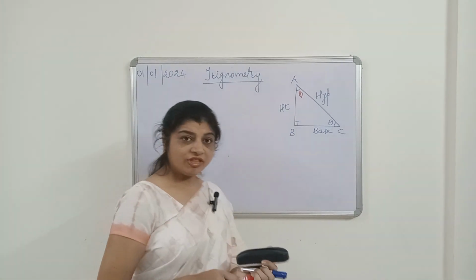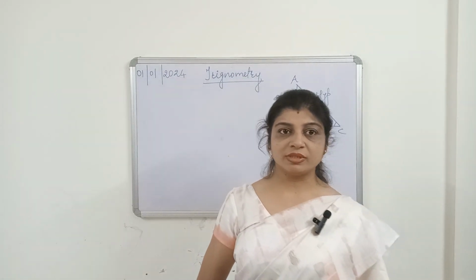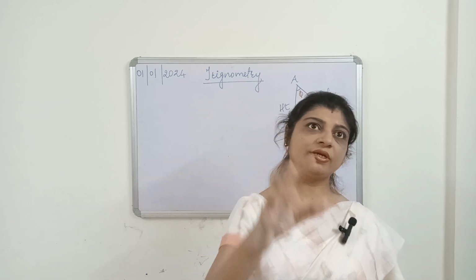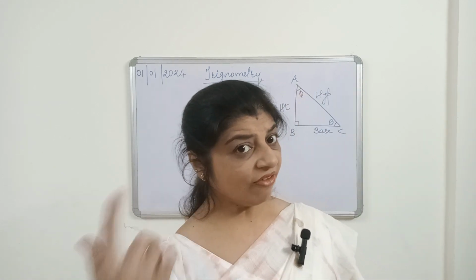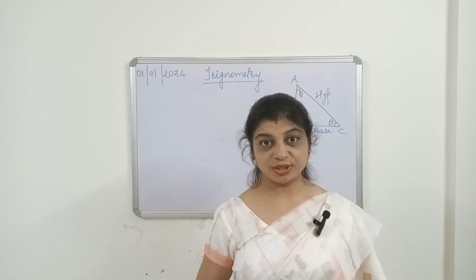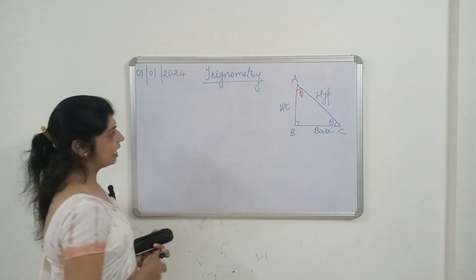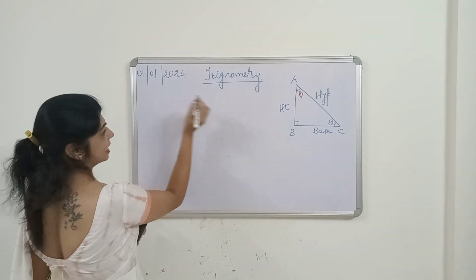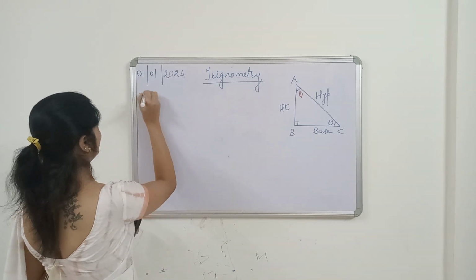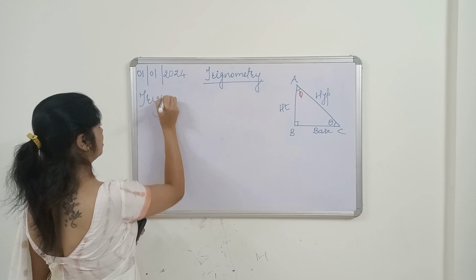So even though the ratios have a particular format, if the angle changes, how the sides change, that today I'll try to make you understand. So first I'll write with base angle, suppose C. So trigonometric ratios.